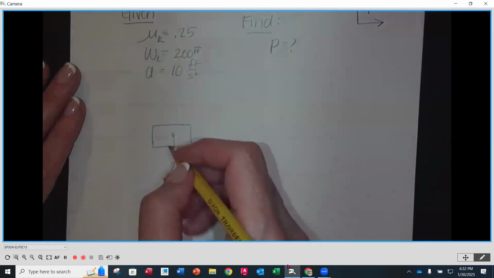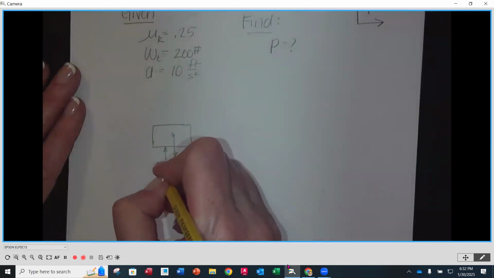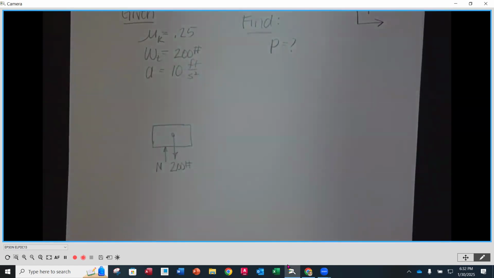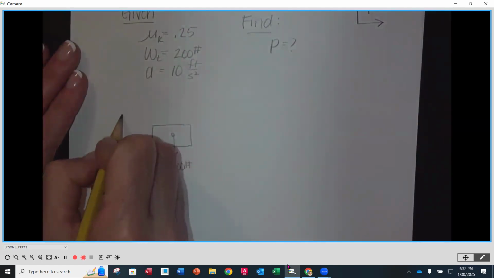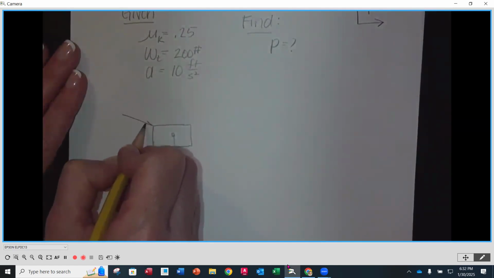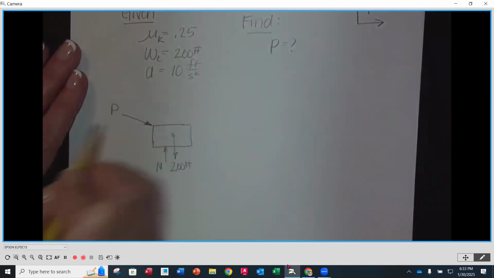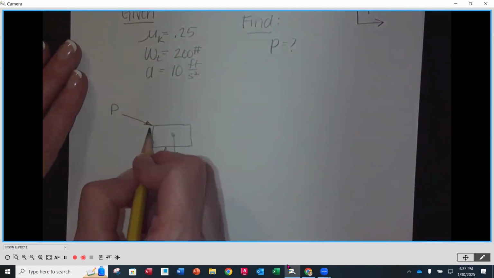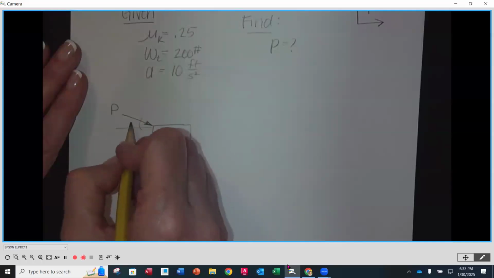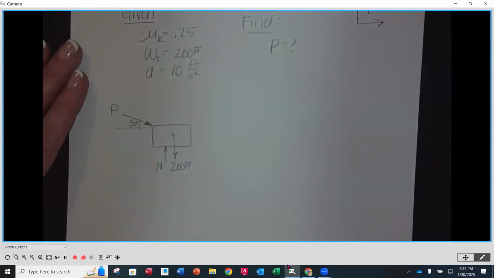We know there's going to be a normal force because this is a horizontal surface, so the normal force is going to be perpendicular to the surface the block is riding on. We also know that up in the upper left-hand corner is force P, acting at a 30-degree angle.